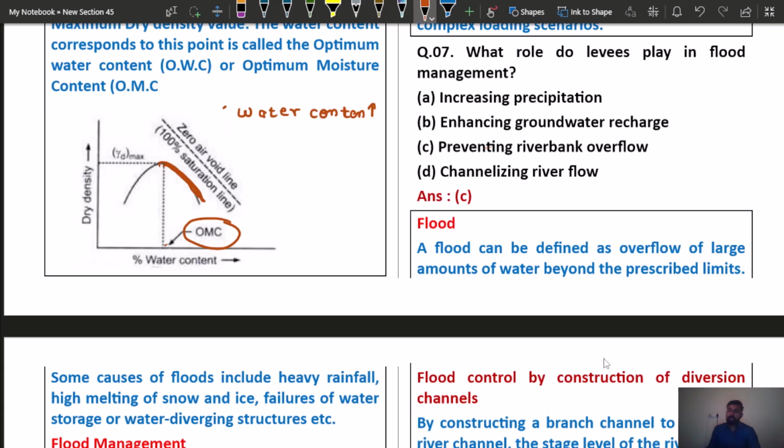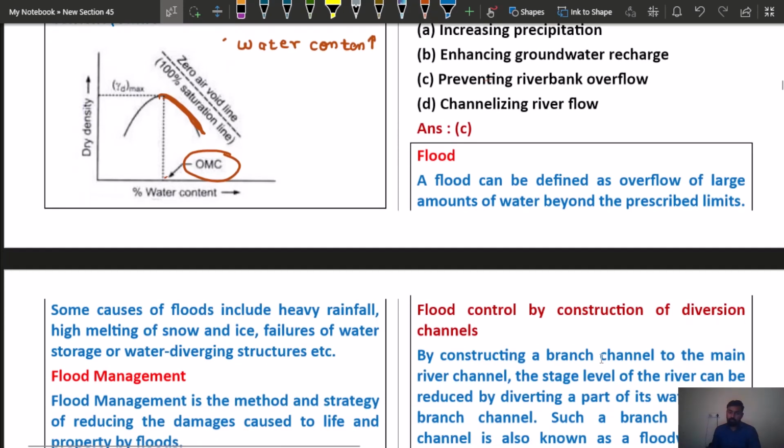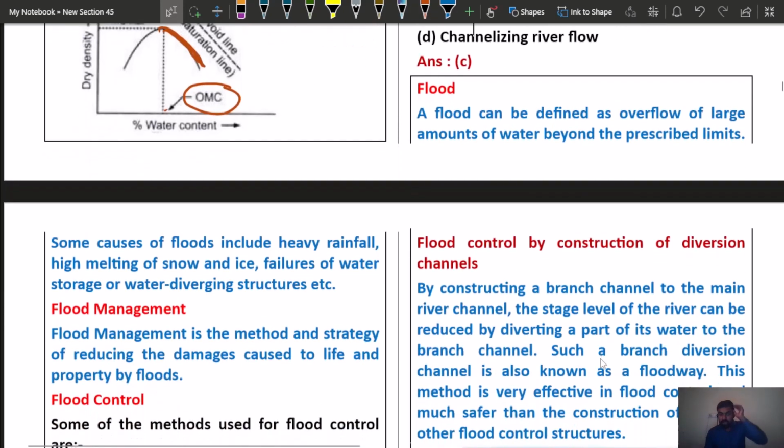If you are talking about flood, what is a flood? If in any area heavy precipitation is occurring, a large overflow of water will be seen. If this water is large after heavy rainfall, it will create a flood.